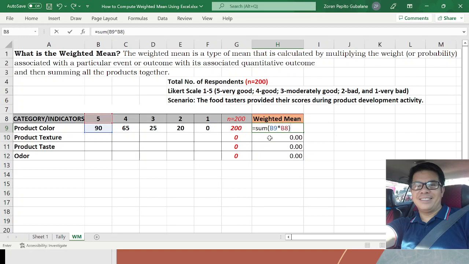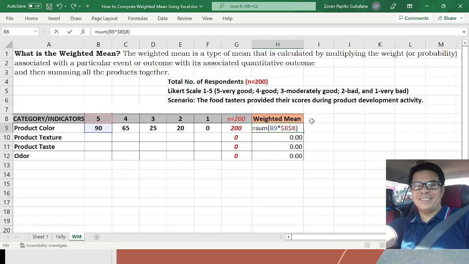Now in our formula box, it is a must that we indicate the dollar sign in this particular area. Can you see that? Simply because we want the values to be held constant during the time you copy and paste the formula.